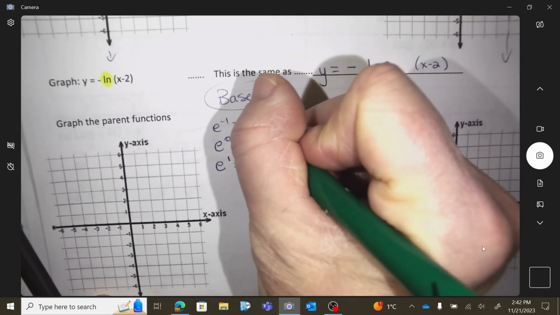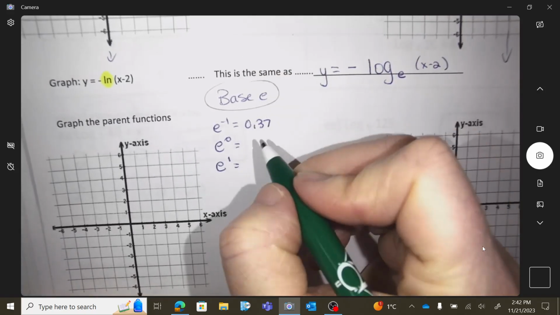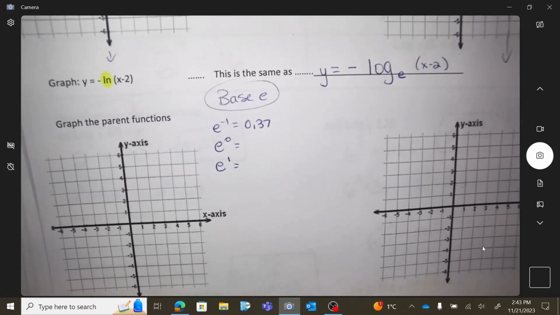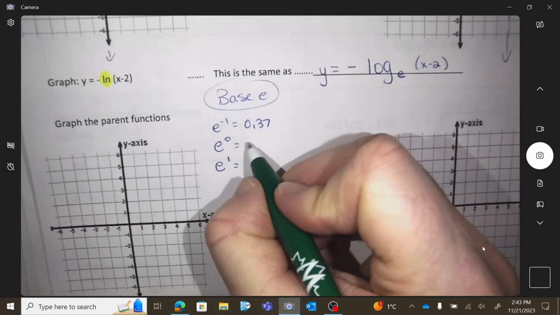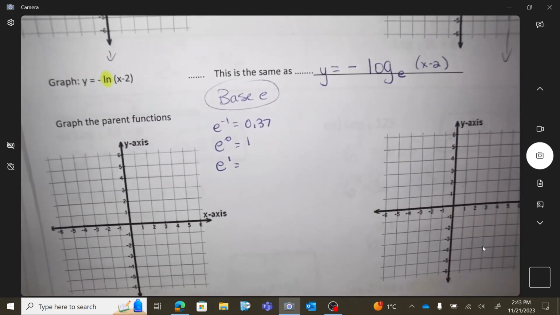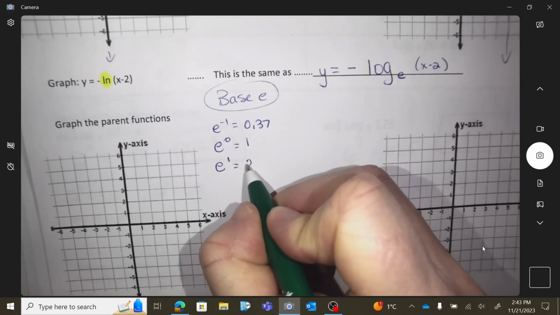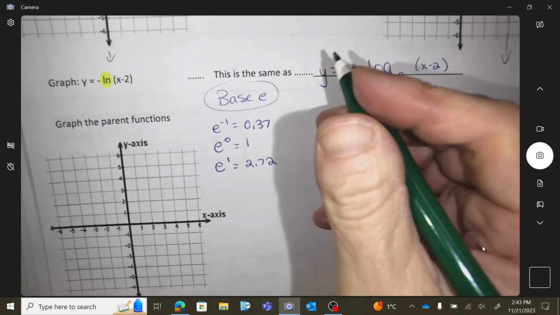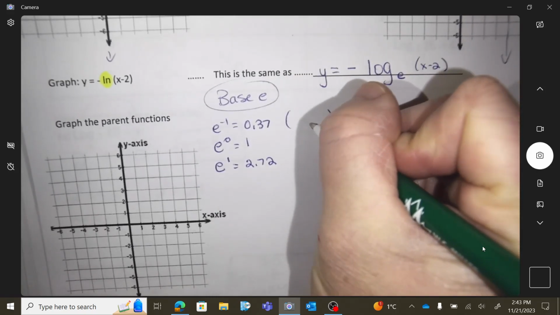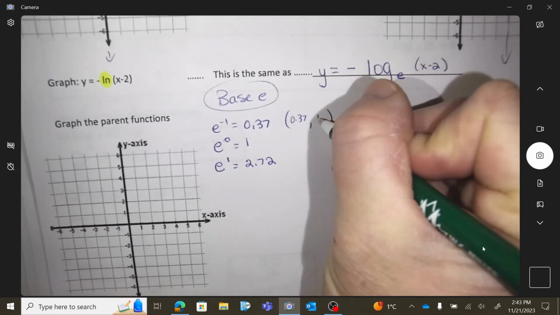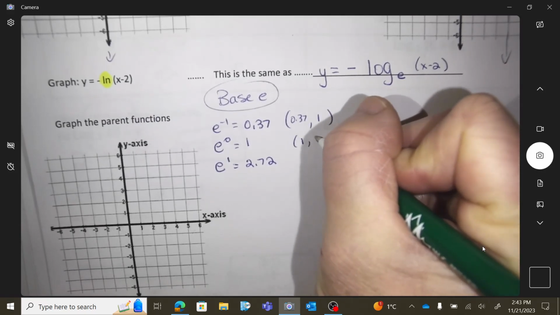It's going to be 0.37. Anything to the 0 is 1. And e to the 1 is 2.72. You know what?